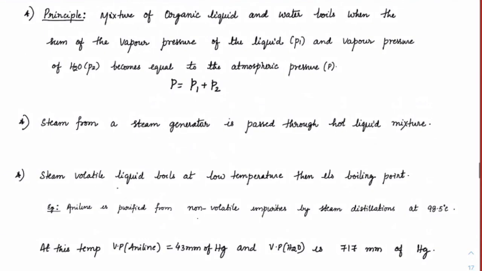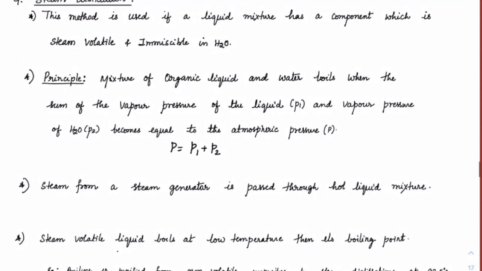So principally, if I show you, the organic liquid and water both will boil and both will come out as vapors. The vapor pressure of that liquid, which I call P1, and the vapor pressure of water P2, if together they become equal to atmospheric pressure, then the entire solution will boil and those vapors will come out. Got it?